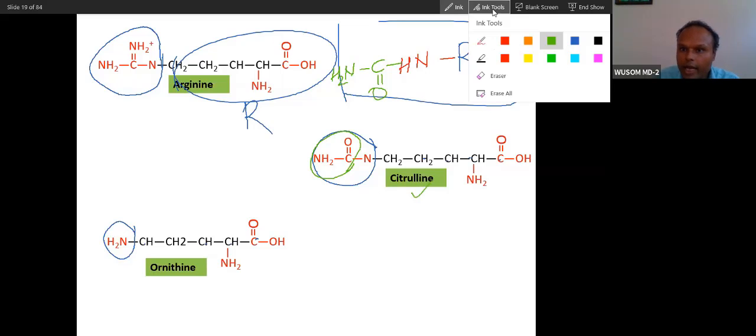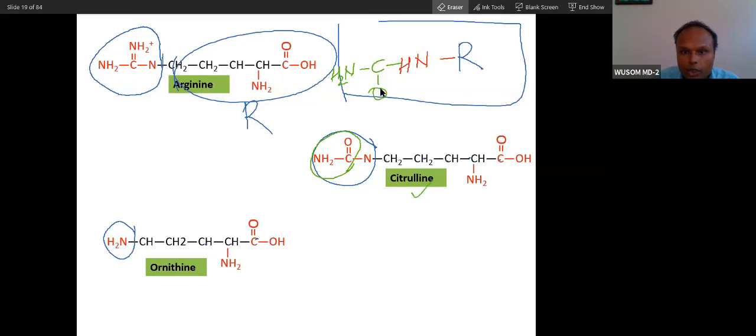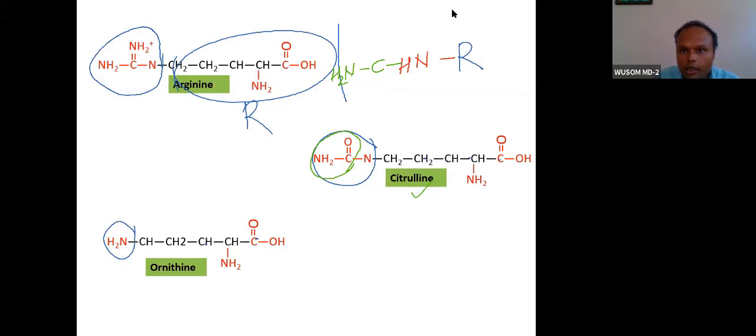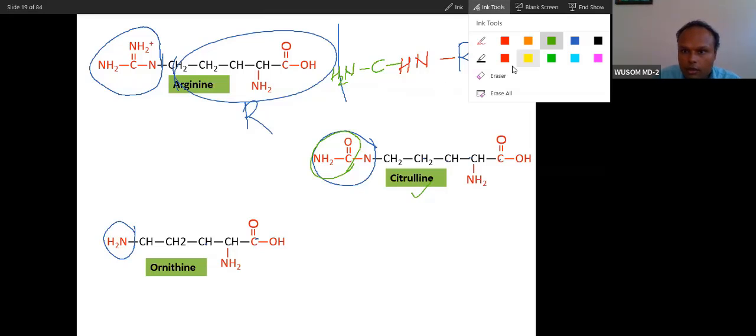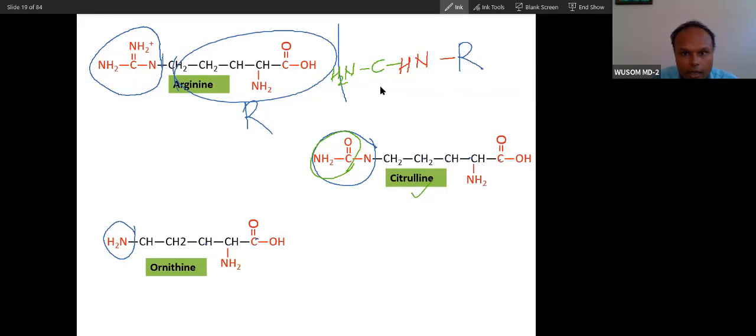Now, when I remove this CO group and then add another NH2, what does this become? This becomes arginine. Can you see this?